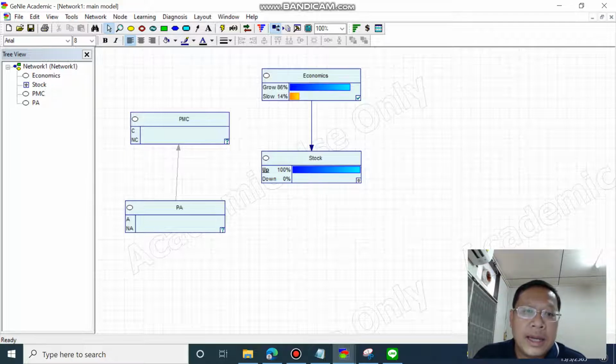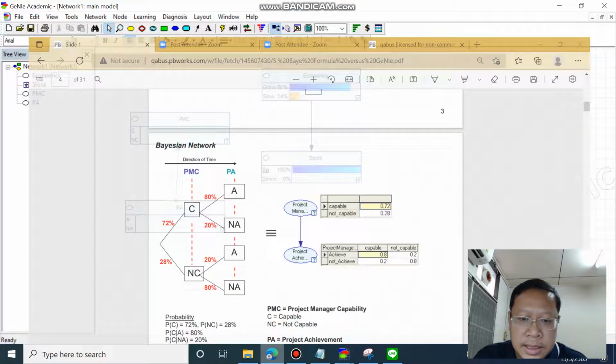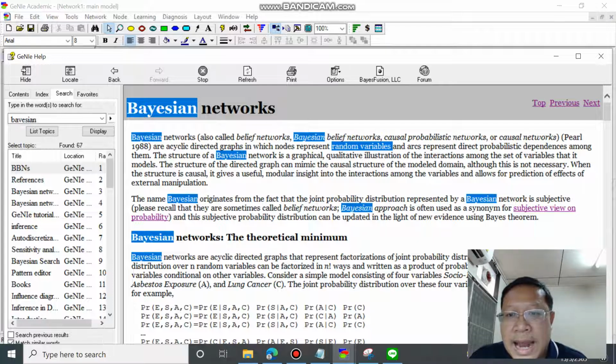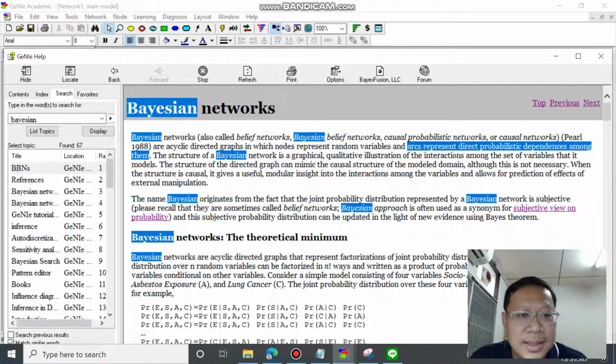This is what it means. An acyclic directed graph in which nodes represent random variables and arcs represent direct probabilistic dependence among the nodes.